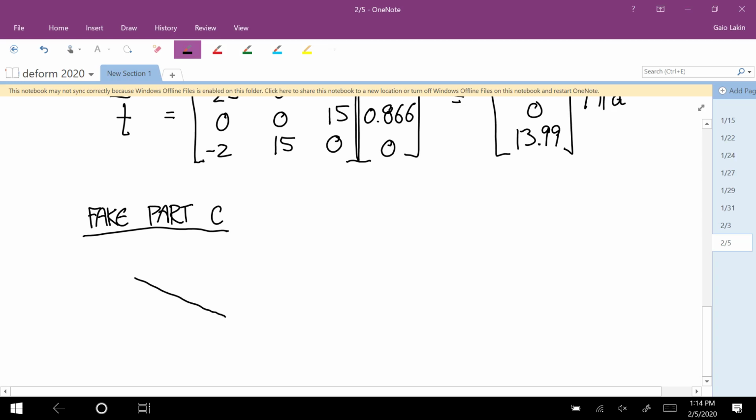You have a surface like this, and this is 20 degrees, and let's say that our coordinate system, this is our x-axis, and this is our z-axis. Okay, and we want to find the traction vector on this face. How do we do that?